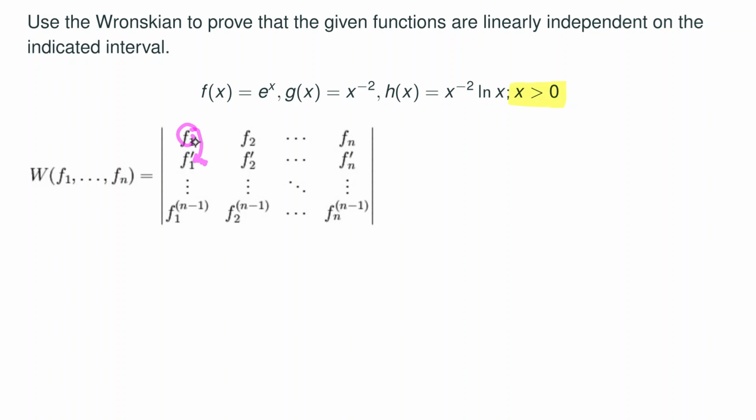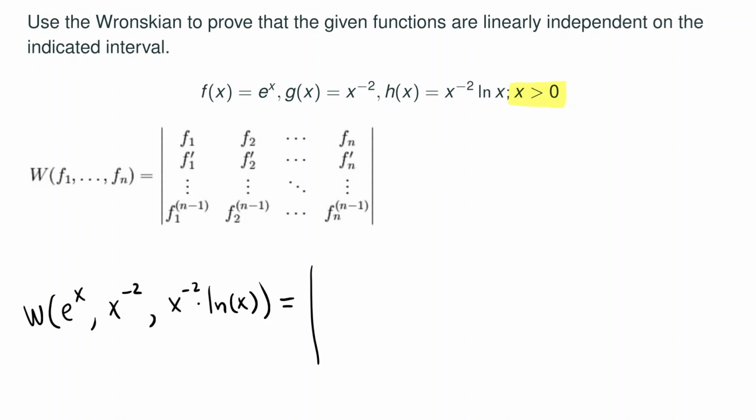So we have the first function, the first function's first derivative, its second derivative, all the way down to the n minus 1 derivative. The next column just restarts the process at our second function, and then the second function's first derivative, and so on as you go down the column. So in our case, we have three different functions, so we'll be looking at the determinant of the 3 by 3.